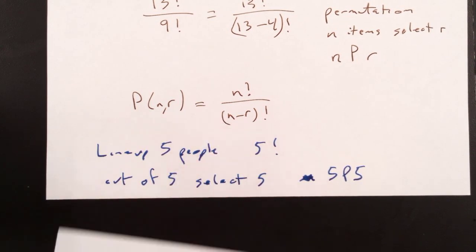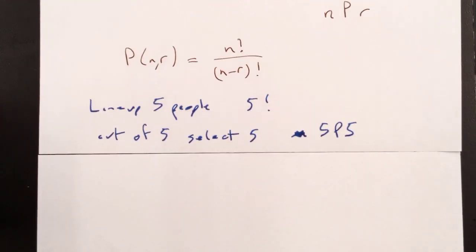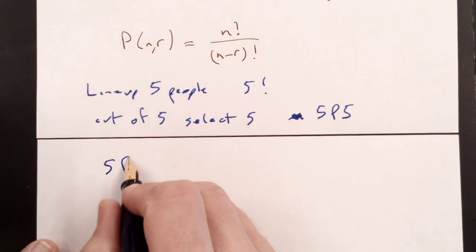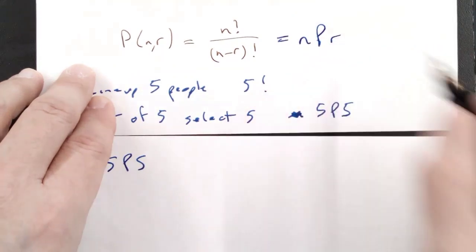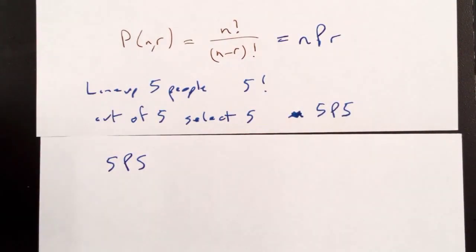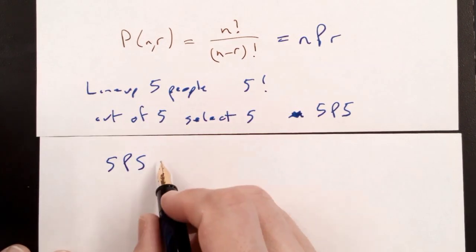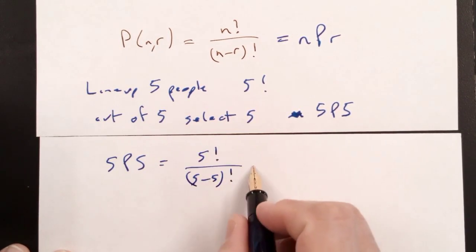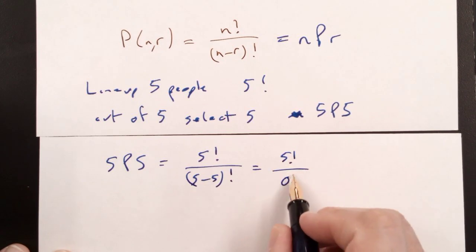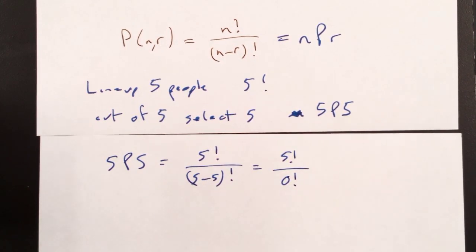Well, according to this formula, what is 5P5? Remember, we said this was also nPr. Using that formula, I'm not allowed to divide by 0.